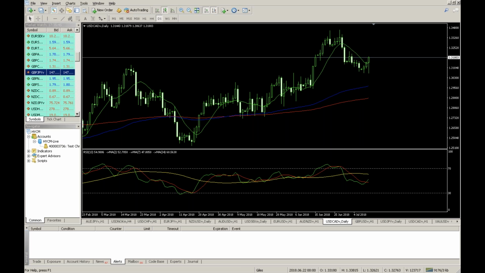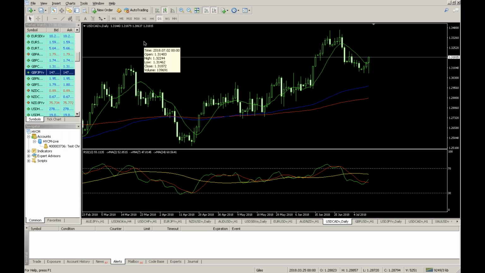The reason is a series of good data coming out of Canada. Just a few weeks ago, the market was about 50% or even less than 50% sure that the Bank of Canada was going to increase interest rates.